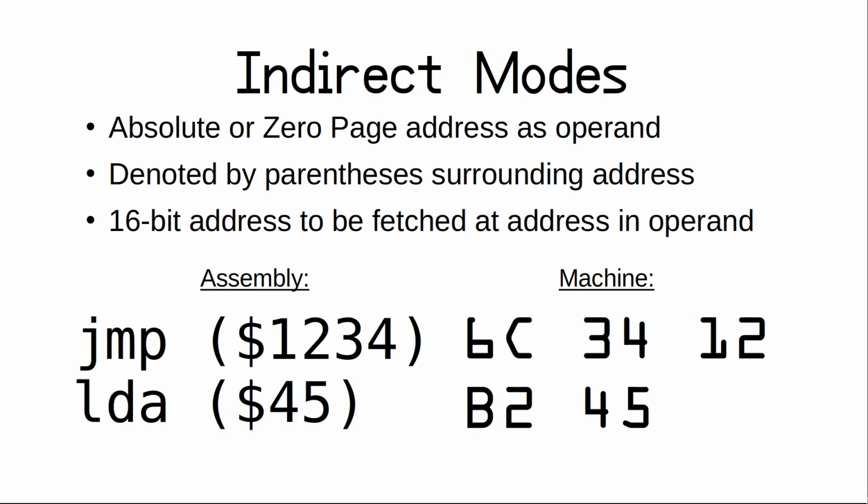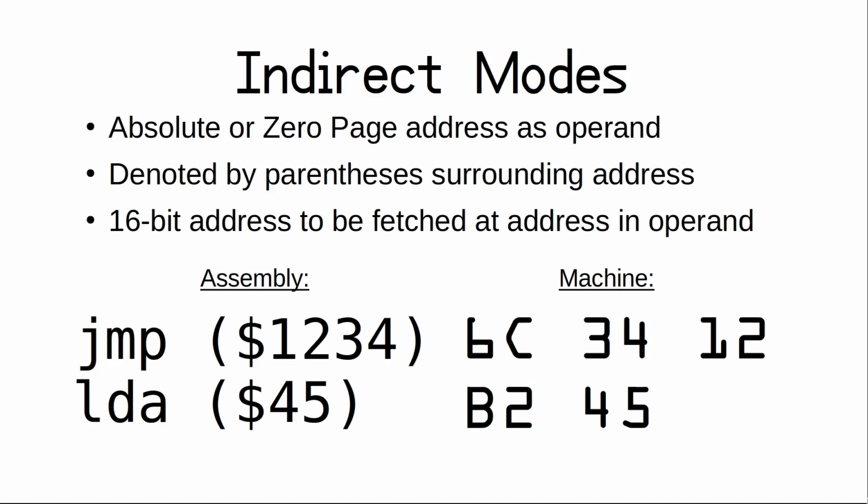For this mode, it is assumed that a 16-bit address is stored somewhere in memory across 2 contiguous bytes. The address of the first byte of the stored address, and as this is the little endian 6502 we're talking about, this is the low byte of the address, is placed within parentheses for the assembly language operand.